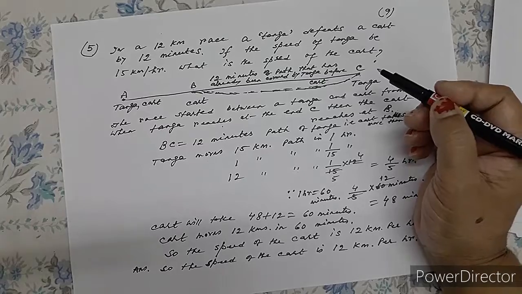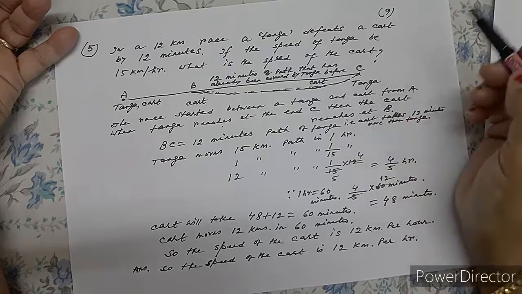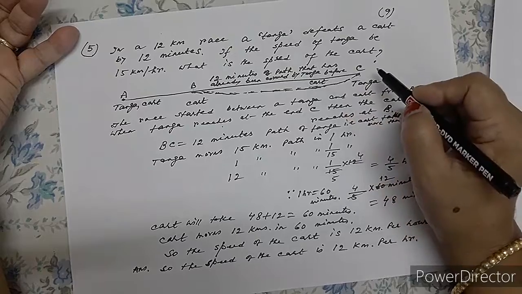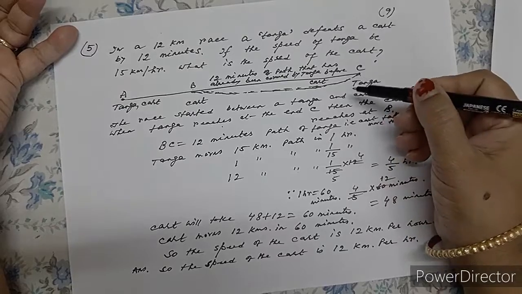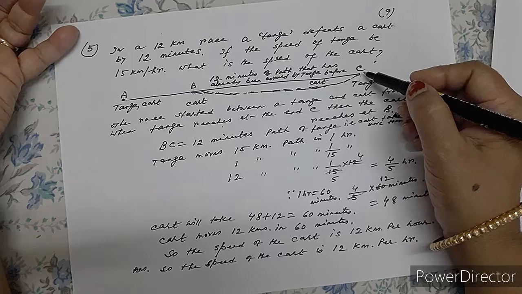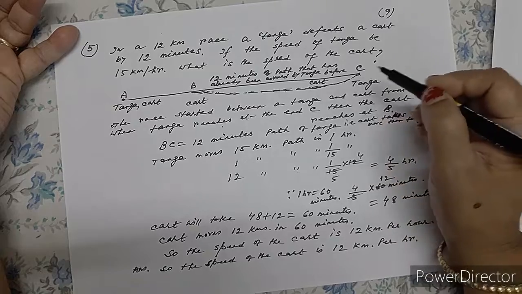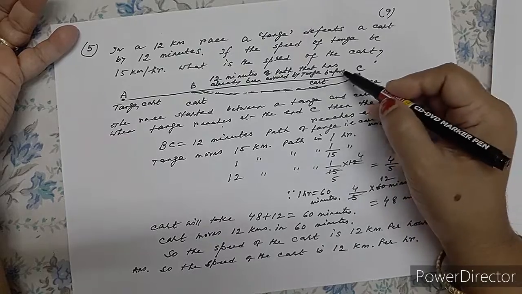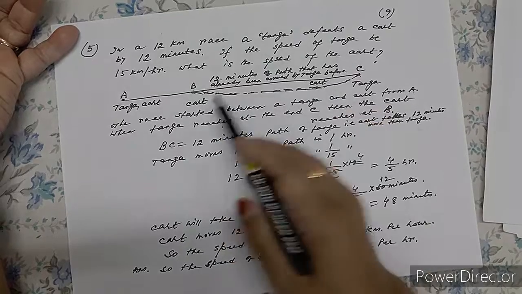So how is it to be solved? First we have to work out how much time has been taken by the Tanga from the starting point to reach the end point C. If we can calculate the time taken by the Tanga to reach the point C, then if we add the time by which the cart was lagging behind the Tanga.